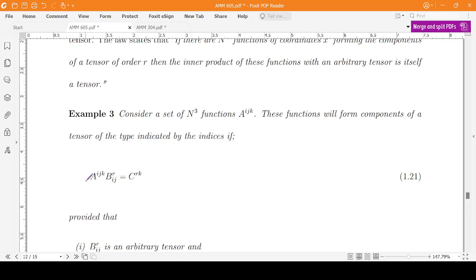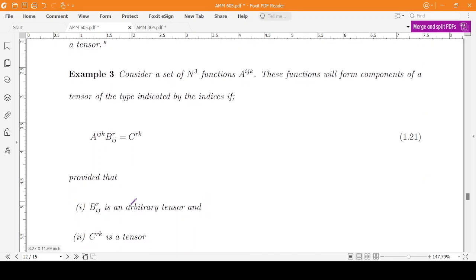provided that we have aijk, if b^r_ij is an arbitrary tensor, and then we have this inner product giving c^r_k.